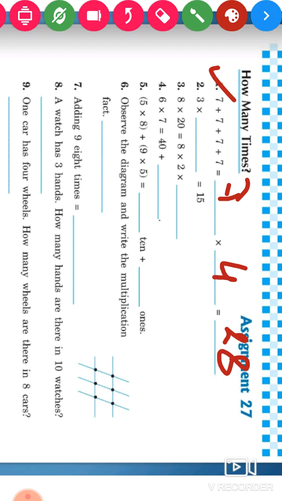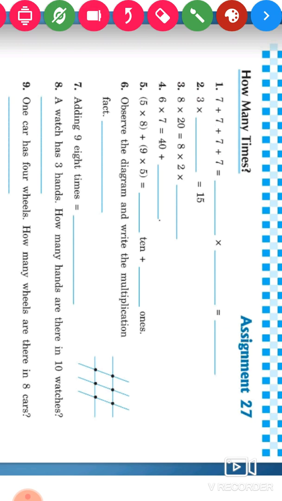Tell me which number you will multiply with 3 to get 15. How many times does 15 come in the table of 3? Good. 5s are, 3 5s are 15. Okay, now question number 3.